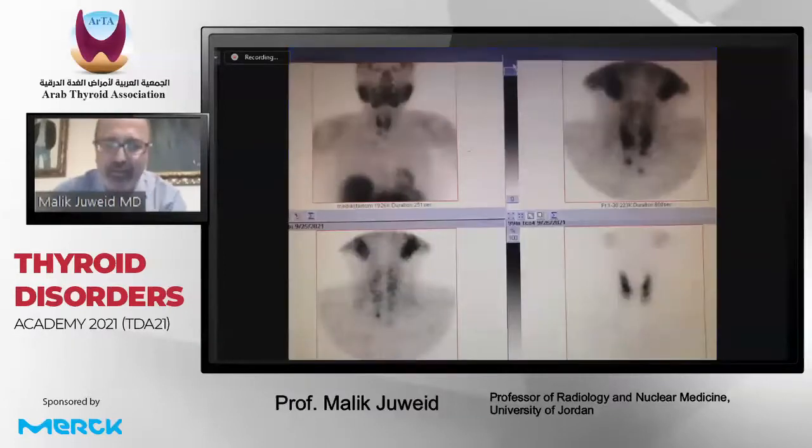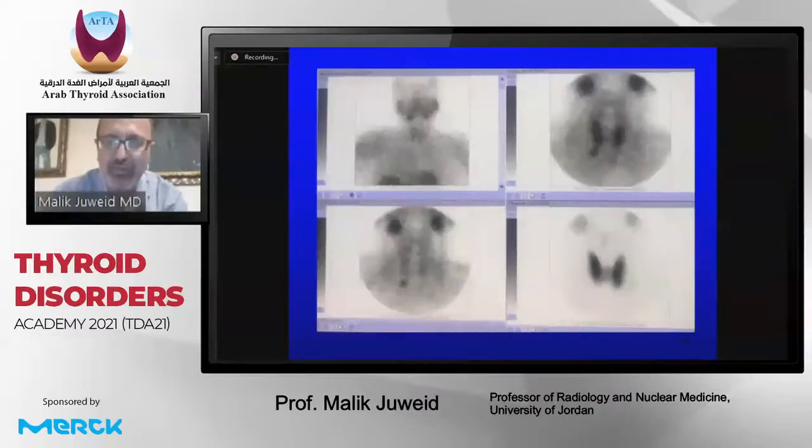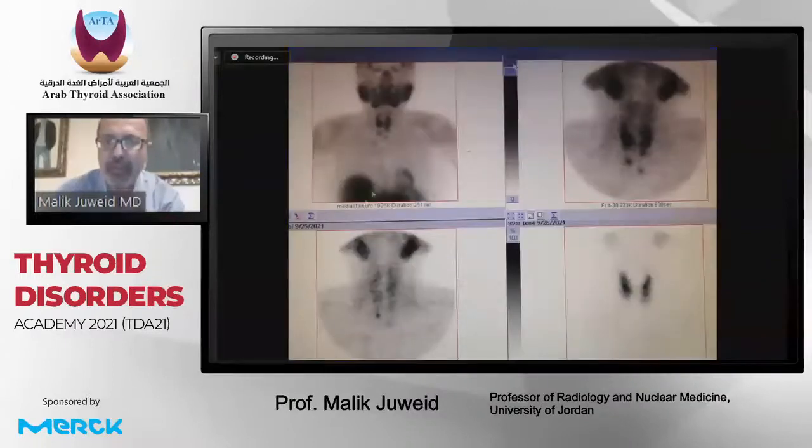Here is another case of a patient with secondary hyperparathyroidism, where we see three hyperplastic parathyroid glands, one just inferior to the inferior pole of the left thyroid lobe, one that looks like it is in the superior mediastinum on the right, and one just in the inferior neck.